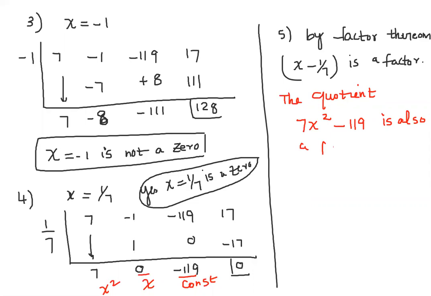So now the actual question is we have to find all the zeros. So we have to find the rest of the zeros. So this is our first 0, right? And we have to solve for x in this equation.